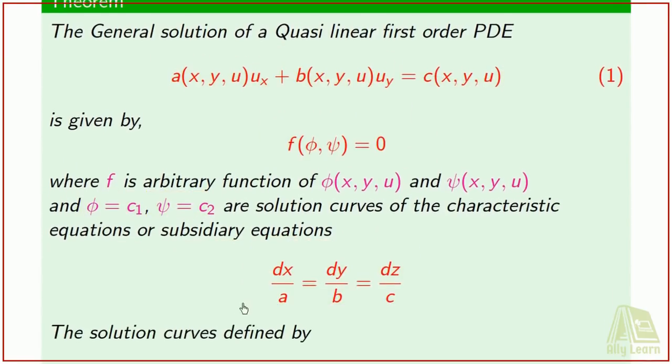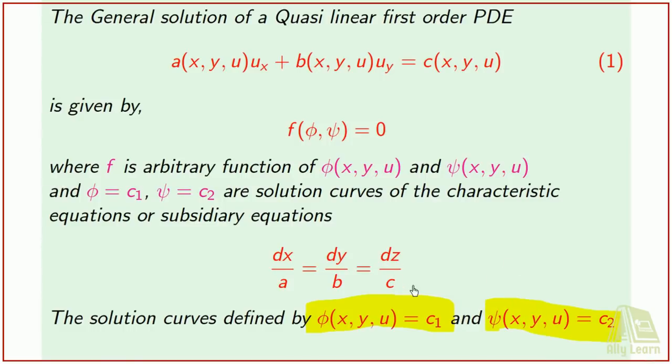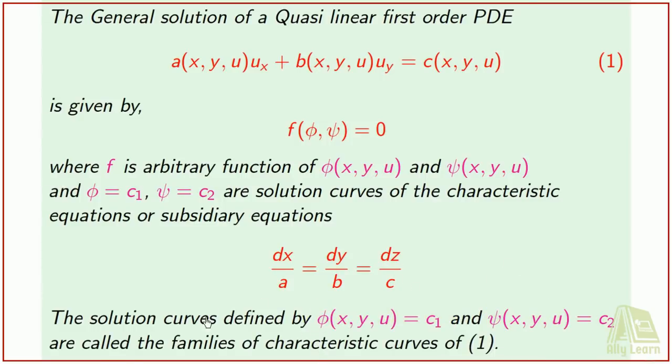Further, the functions phi and psi that we obtained as solutions of these characteristic equations are called the solution curves. This phi and psi are the solution curves of this equation, phi equals C1 and psi equals C2.